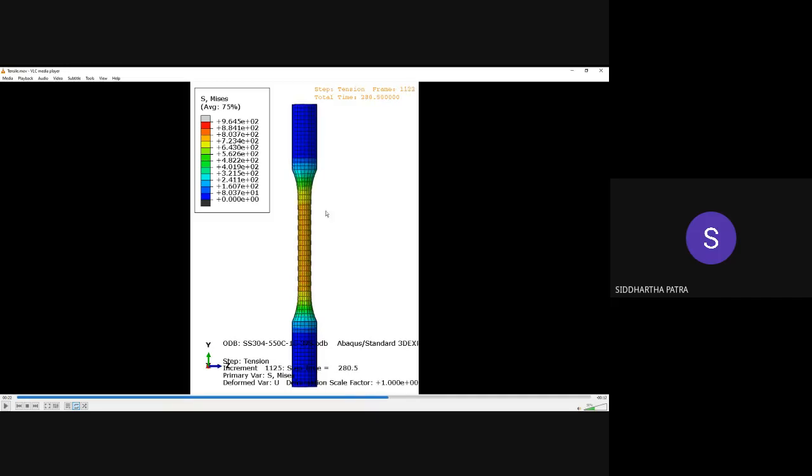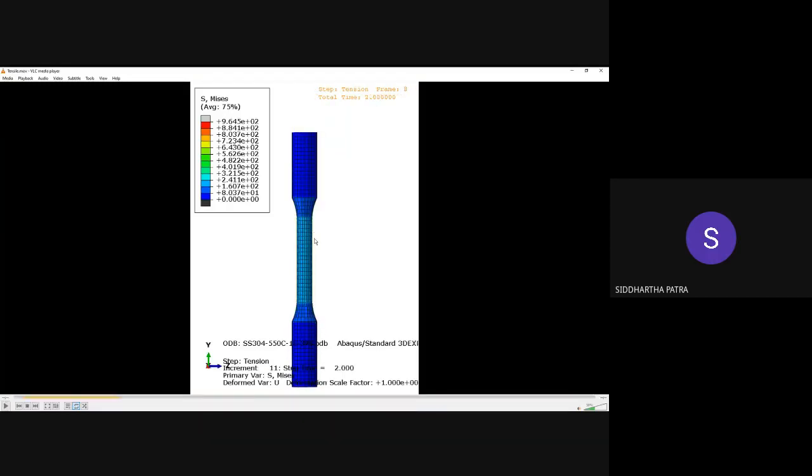And that effect would be even more significant when there is a significant elongation. You can notice that in this narrow portion, the stress is actually the highest of anywhere in the geometry, and that continues, and now it has become red. That means the stress is extremely high over here.